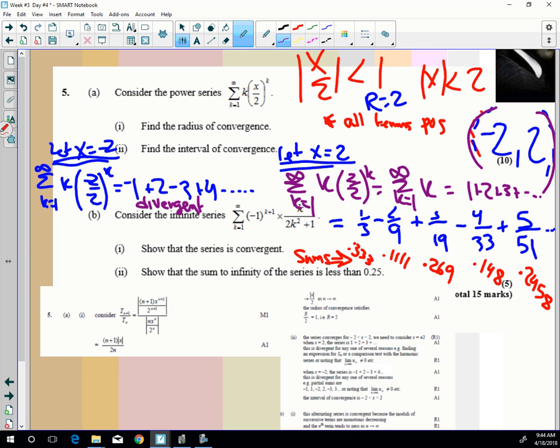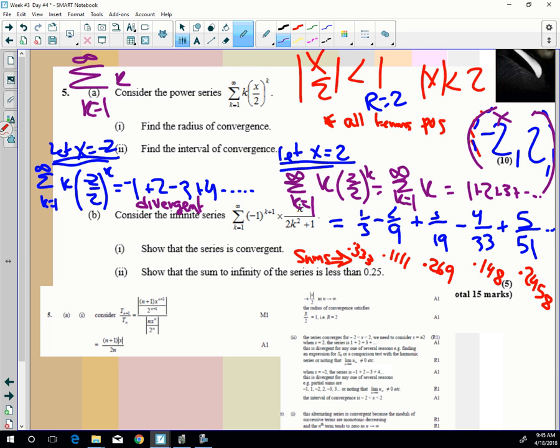How did you get the -2? Okay, so I took this formula here, the sum k equals 1 to infinity of k x to the k over 2 to the k, and it asks what interval of x is going to be convergent. We did this in part A, and we found that |x| is less than 2, so we know it's going to be -2 to 2, but we don't know which endpoints.